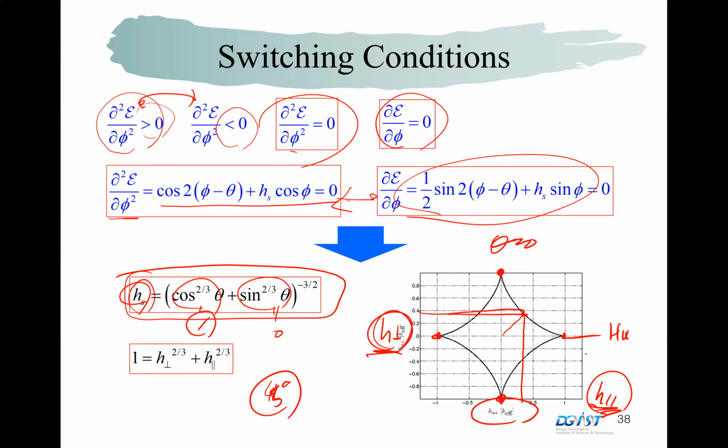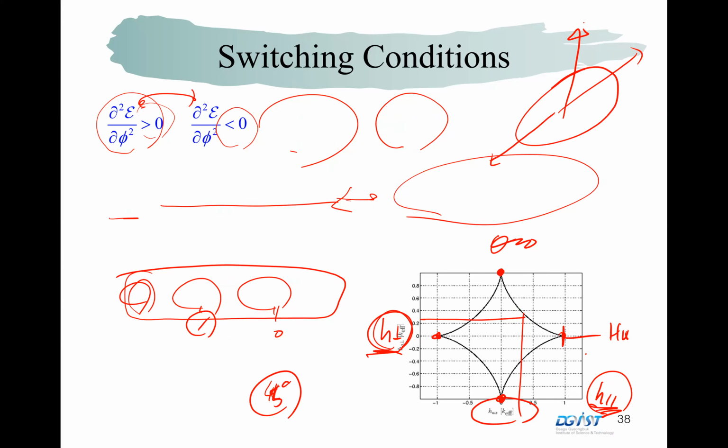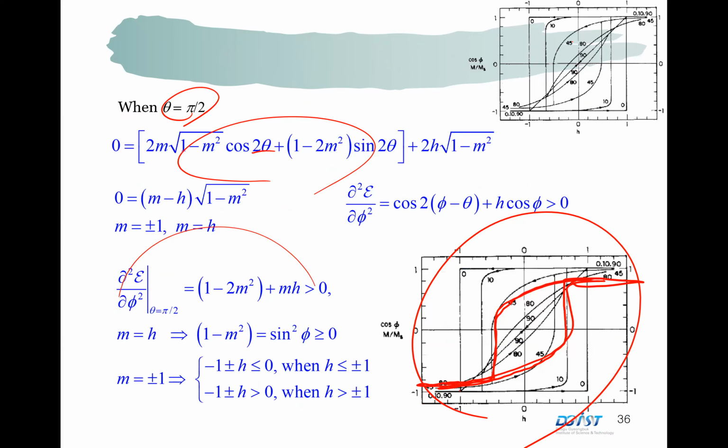It is easier to switch in this direction. So if you have your sample here, applying a field in this direction or this direction requires a switching field of 1. But if you apply the field in this direction, your switching field is much reduced. You can easily see this in this graph: at 45 degrees, you need only this field to switch it.